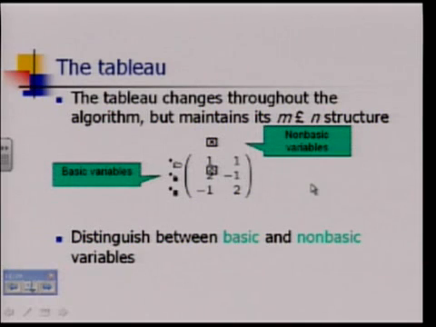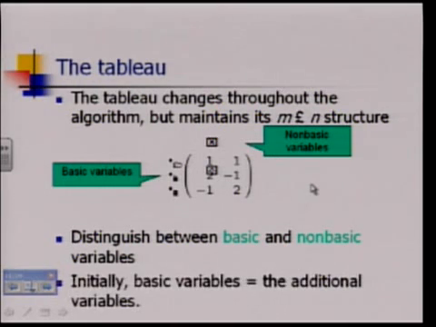This S1, S2, S3 are the basic variables, and these X and Y are non-basic variables. Essentially, basic variables are the additional variables you introduced to make inequality constraints into equality constraints. And then non-basic variables are things that are really related to your decision in the linear program.